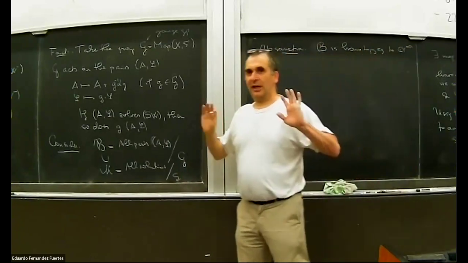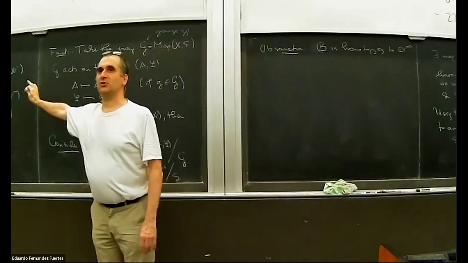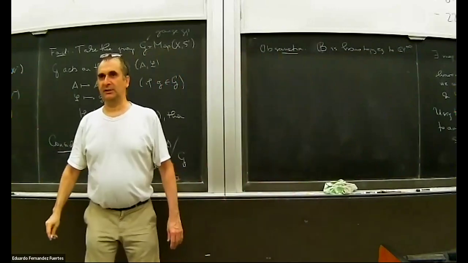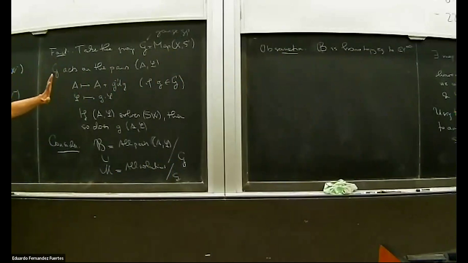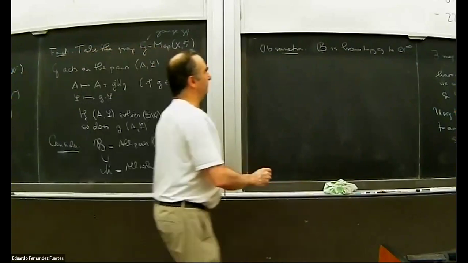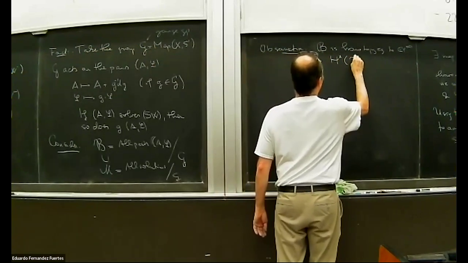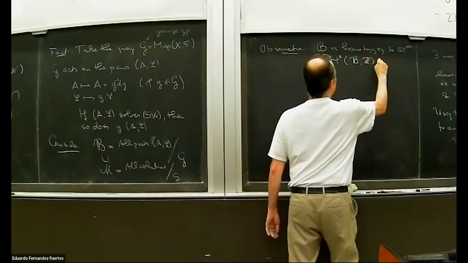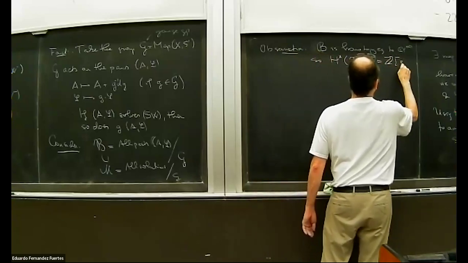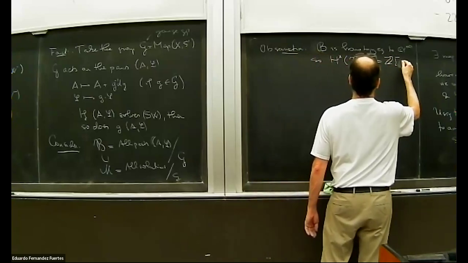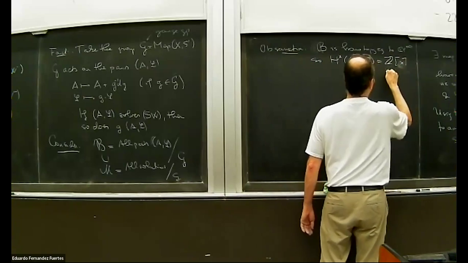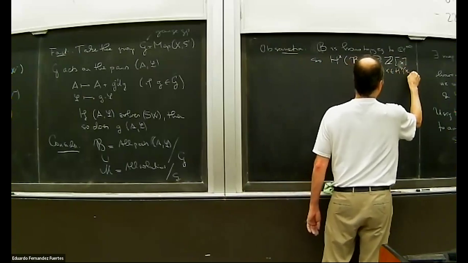This is not absolutely true, but I always assume that X is simply connected. Then it's true, and if X has some fundamental group, then you have to modify it a little bit. So H star of B with Z coefficients is just Z generated by, say, x, where x is in H2.